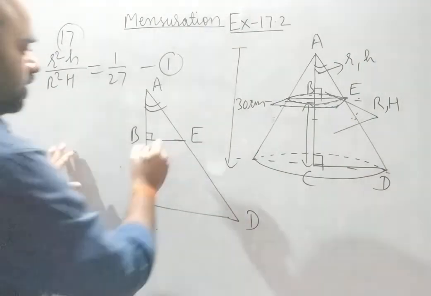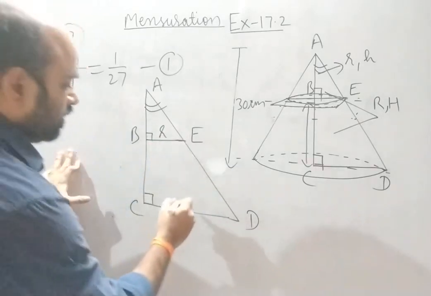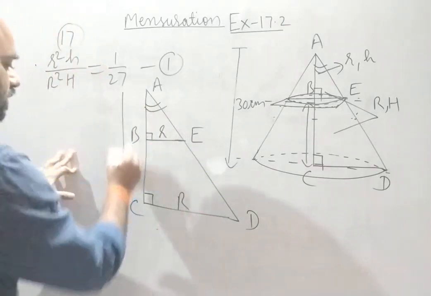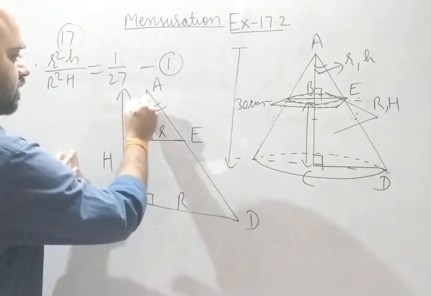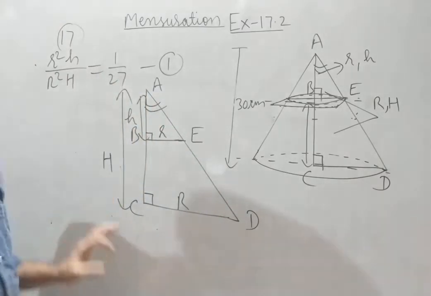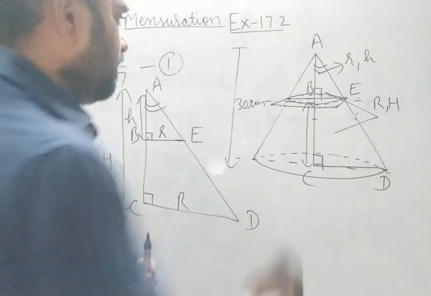This is small r, this is capital R, this is capital H, and this is small h. Now I am erasing this diagram.